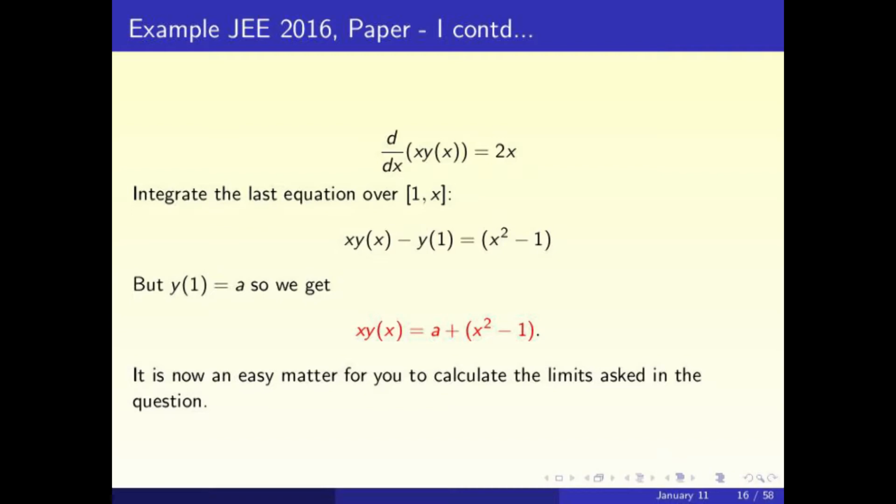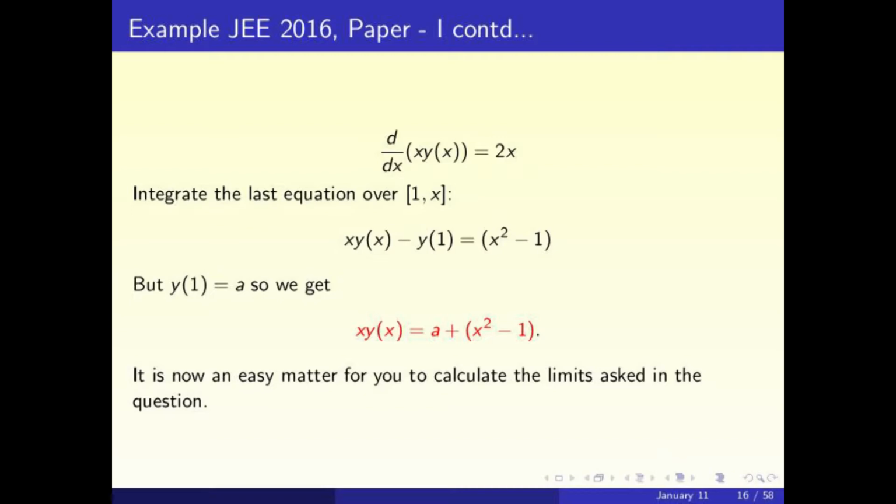So what do you get? x y of x equals a plus the integral of 2x dx from 1 to x, so it's x squared minus 1. So the last display gives you y of x will be a upon x plus x squared minus 1 upon x. So you divide by x.